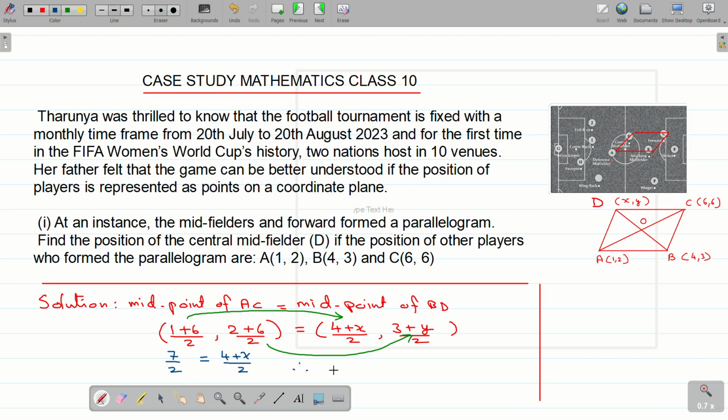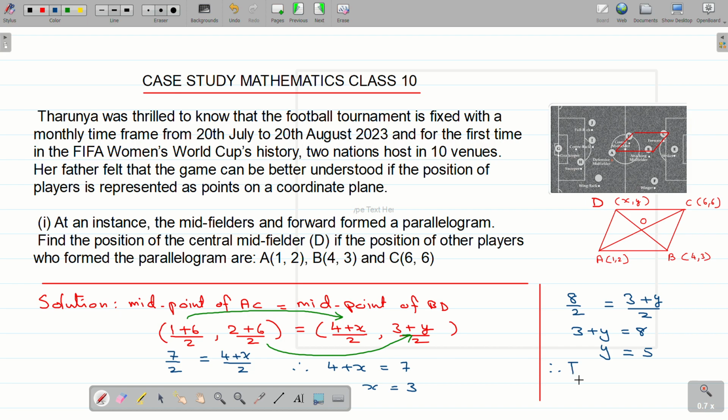Therefore, 4 plus x is equal to 7, x is equal to 3. Similarly, 8 by 2 is equal to (3 plus y) by 2. That is 3 plus y is equal to 8, y equals 5.